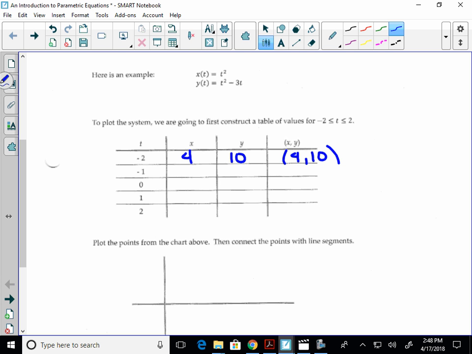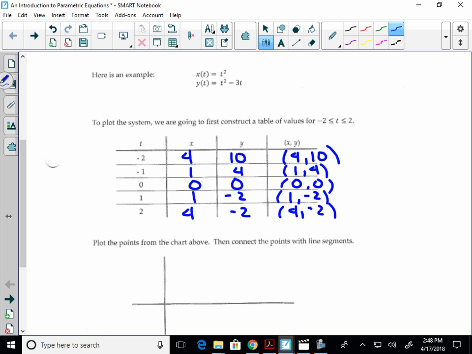You all know how to plug points in, so I'm just going to give you the points. If you plug in negative 1, you get (1, 4). If you plug in 0, you get (0, 0). If you plug in 1, you get (1, -2). And if you plug in 2, you get (4, -2).